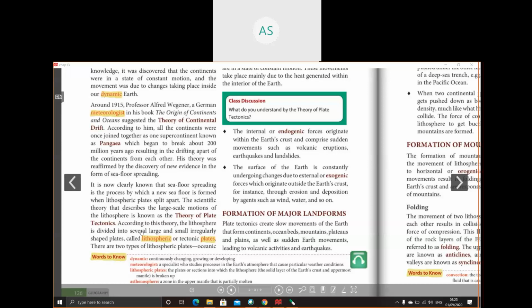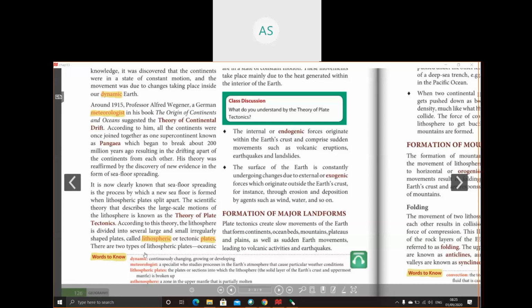According to this theory, the lithosphere is divided into several large and small irregular shaped plates. As we can see, our continents were divided into different plates, some large, but irregular in shape. So they were called lithospheric or tectonic plates.